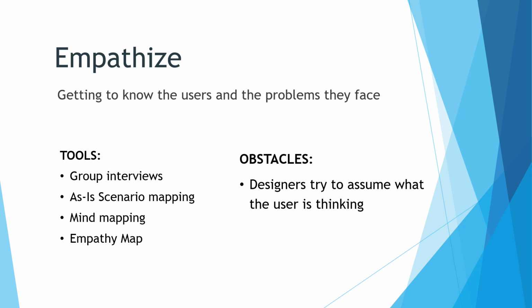Now, unfortunately, a lot of designers and developers try to minimize this phase and just assume what the user is thinking, but even though you might be taking the time to observe them, you still have to remember to ask the user why they're doing what they're doing.